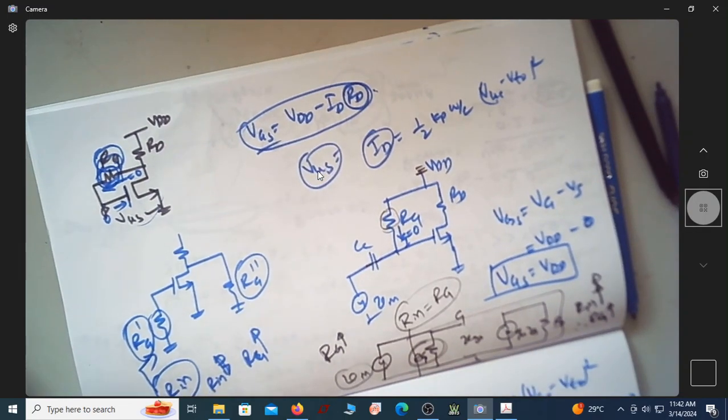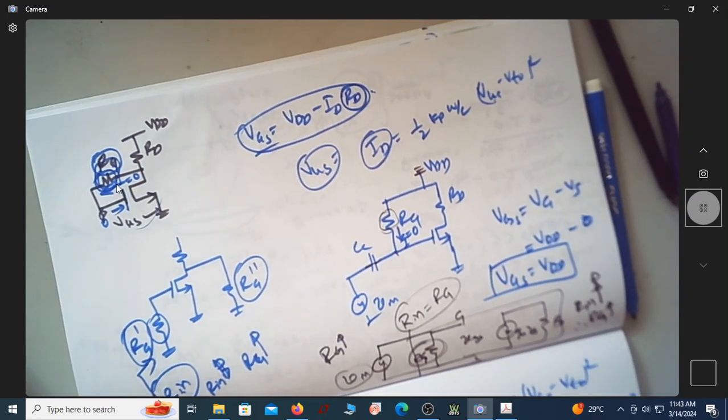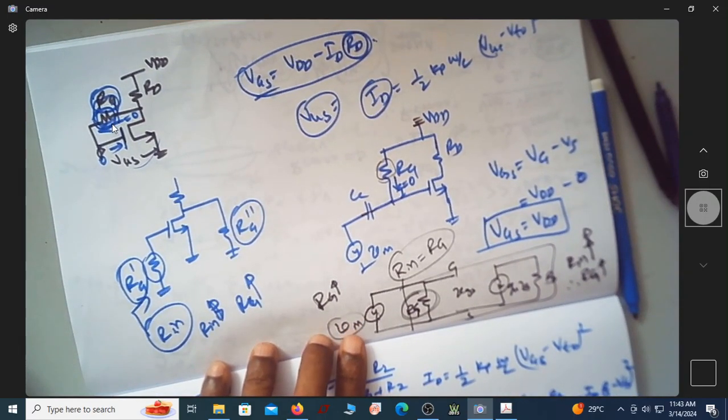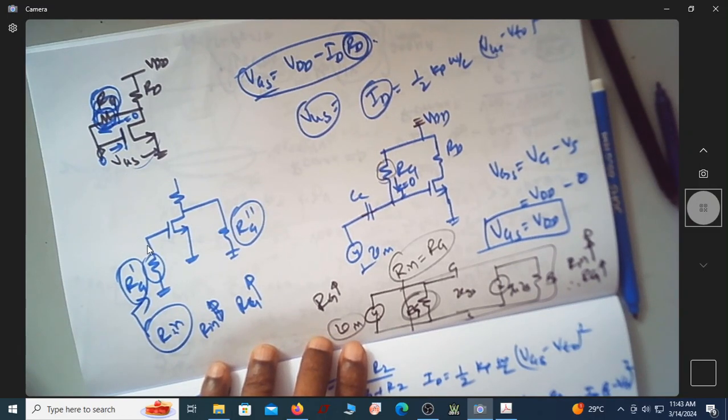Since this is the VGS expression, VGS is not affected by RG. But the value of RG, using Miller's theorem, can be split, because this is a floating component. It can be represented as RG dash on this side and RG double dash on the other side.